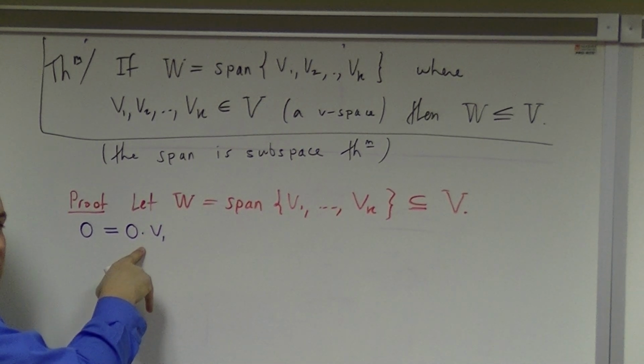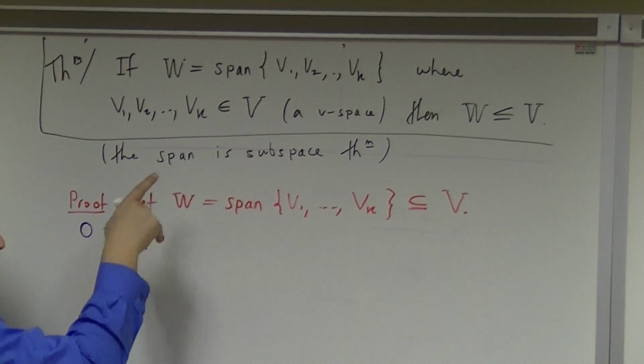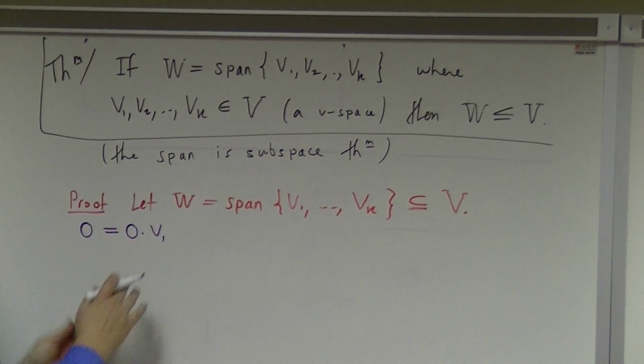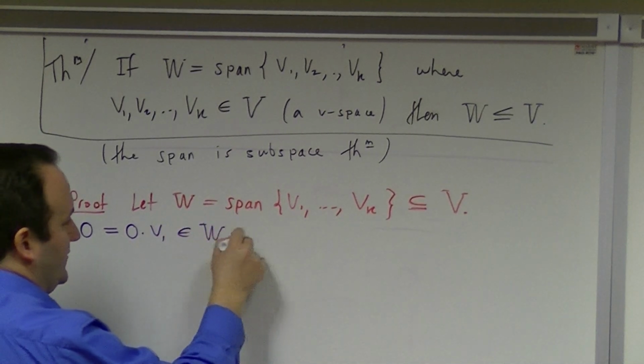Scalar multiples of vectors in the spanning set are part of what the span includes. Span is all possible finite linear combinations of the vectors. In particular, that includes all possible scalar multiples of vectors in the spanning set. So that's in the span. Right, so W is not empty.